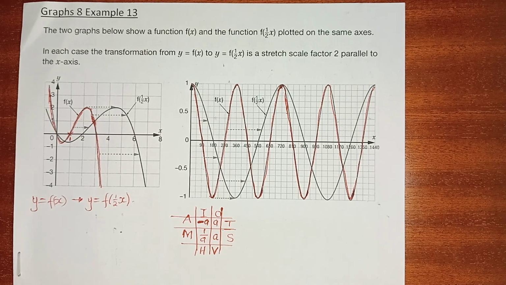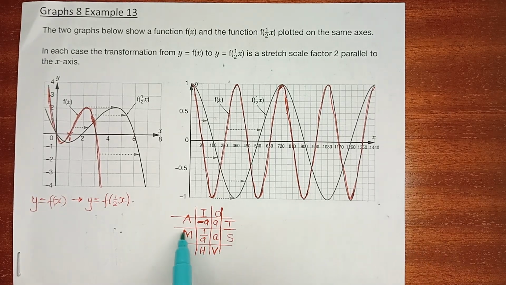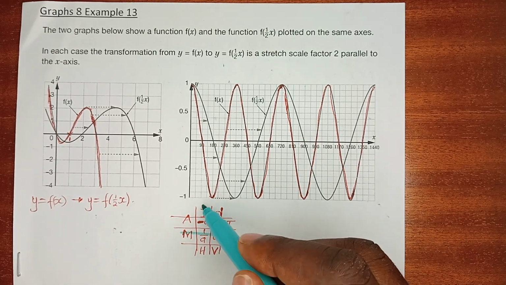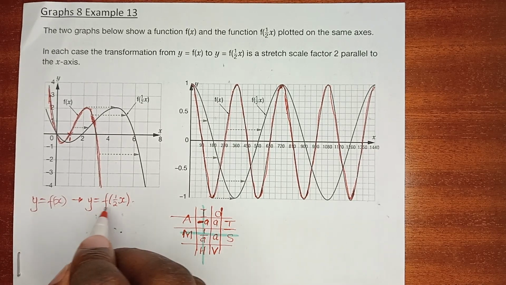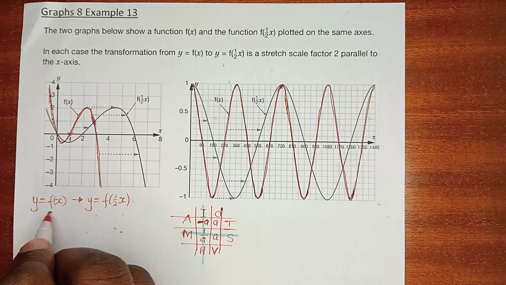So the moment we want to consult our magic table, we will talk about multiplication inside. We are saying that this is a horizontal stretch of scale factor 1 over a. Kindly remember, before we go even far, our a here is a half.